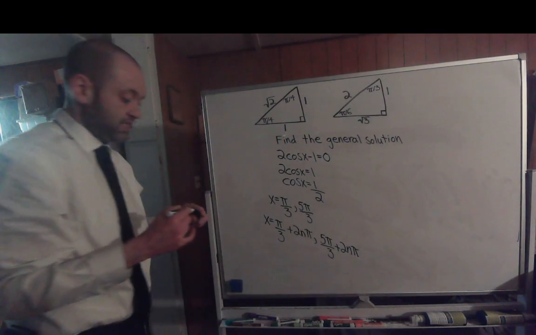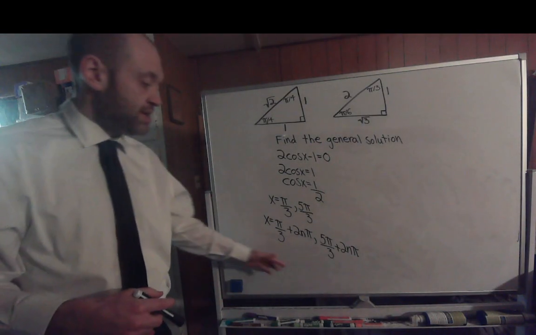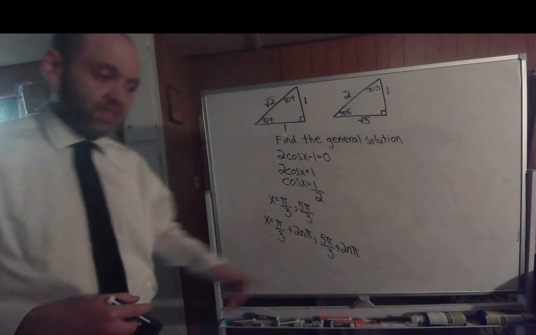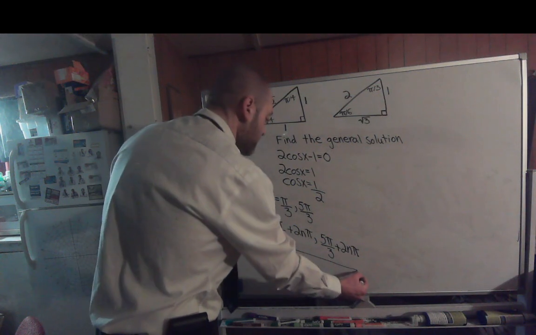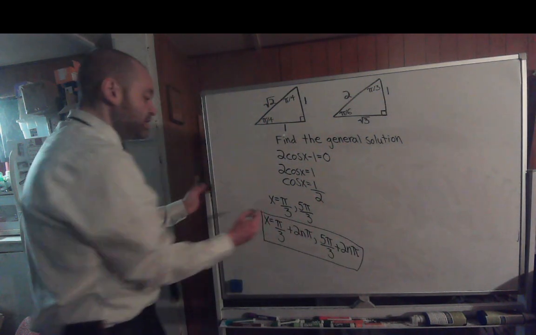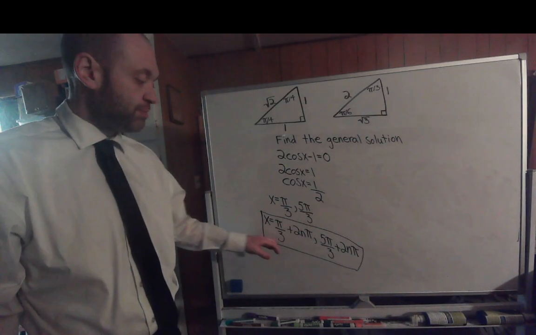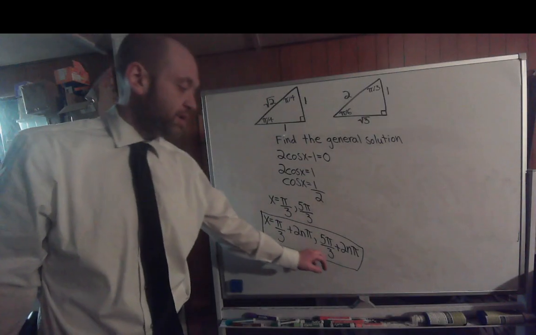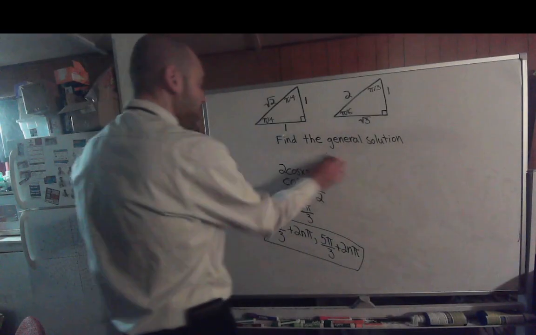Because it completes its period at 2 pi, so if you add another 2 pi, you'll be in the same position, just another revolution around the circle. And this goes on for infinity. So the general solutions would be x equals pi over 3 plus 2n pi and 5 pi over 3 plus 2n pi.